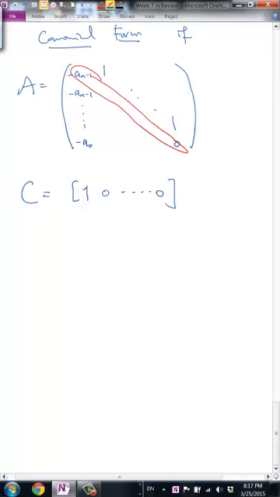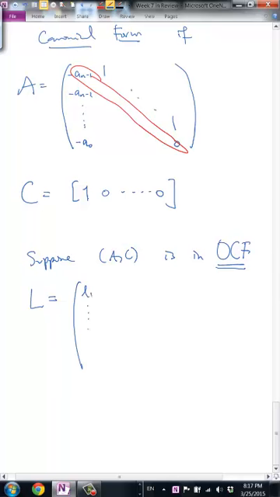Okay, and why is this great for us? Well, suppose the pair A and C is in observer canonical form, and we want to design L. So L is going to be an n by 1 vector, L_1 to L_n. What's LC?